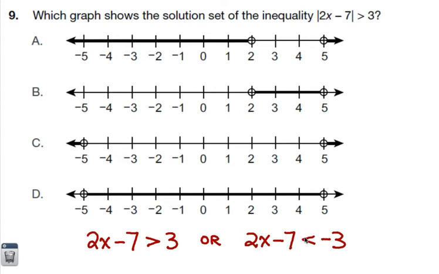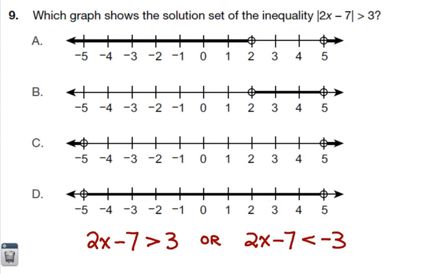The other case is where you reverse the symbol into a less than, and you also make this number negative. Notice the changes we made for case number 2. That's huge. And now you're off and running, where you can solve this for x.